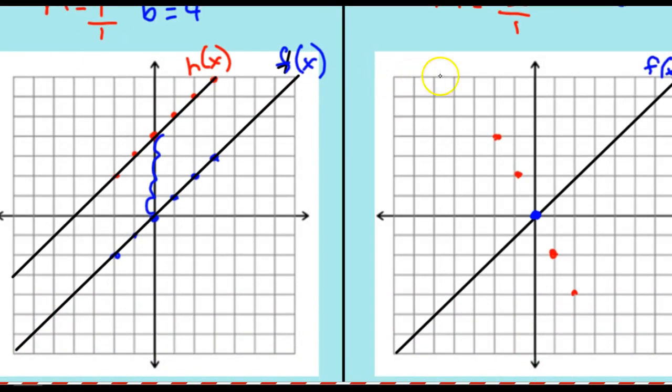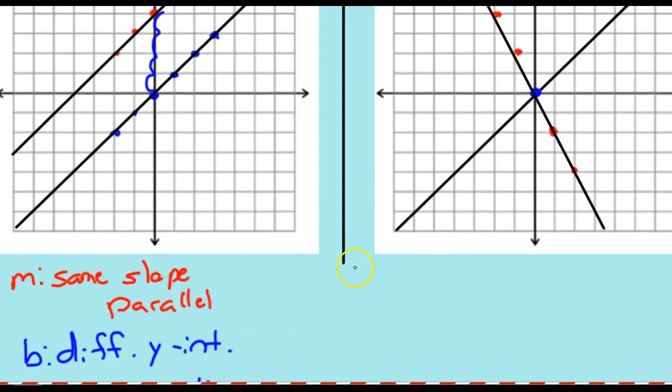So if we graph this, okay, so now we got to look at both of our graphs. This one was g of x. Look at both of our graphs and look at the slope. Now to me it looks like the slopes are different. So it's different slopes.